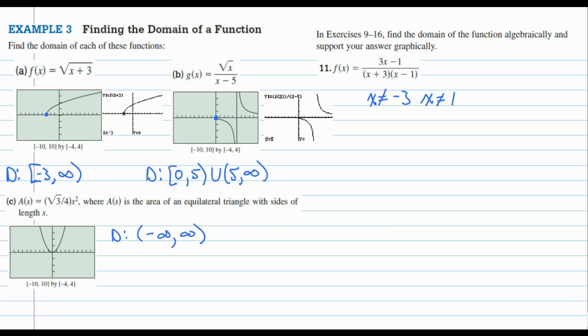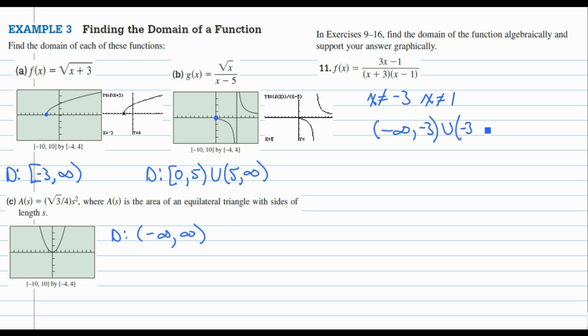Therefore, in interval notation, my domain can be anything else, starting all the way off to the left of the x-axis at negative infinity. Continuing from negative infinity, we're going to hit negative 3 first. We've got to leave negative 3 out, so I put parentheses next to it. I'm going to start up just after negative 3, like negative 2.9999999.